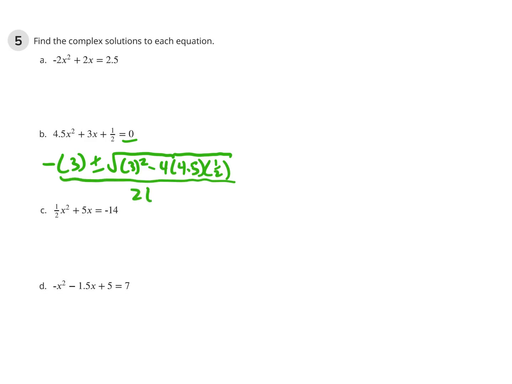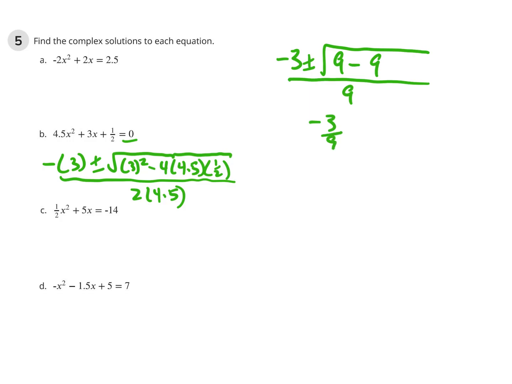All over 2a gives us negative 3 plus or minus the square root of 9 minus 9. So 9 minus 9 is 0, so we have negative 3 over 9, which equals negative 1/3, because you always have to reduce your fractions.